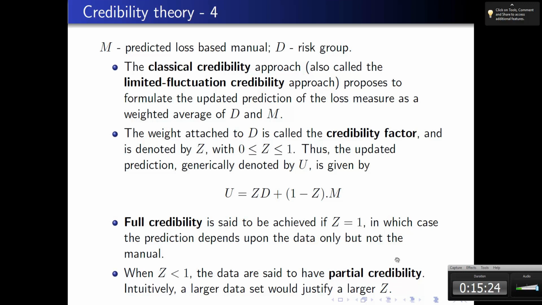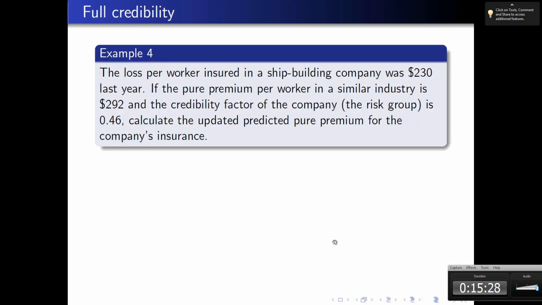Okay, let's just use the example to show. So there we have the loss per worker, $230, and we have the parameter for credibility, 0.46, the risk group.